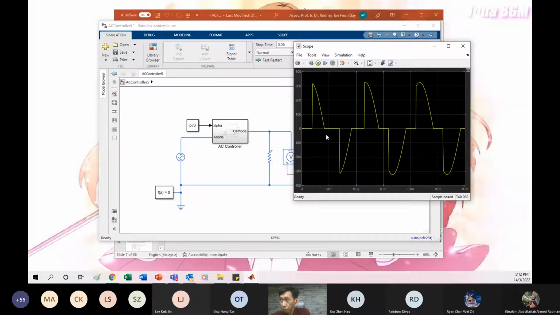We'll be able to, you see the first round, it won't be cut properly because the phase lock loop is taking time. Slowly, you can see it will synchronize.